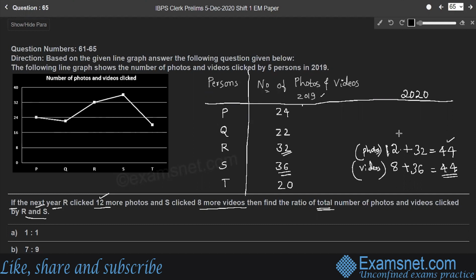Because in the next part of the question, it is asked to find the ratio of total number of photos and videos together, right? Therefore, no need to take photos and videos separately here. We need the total number of photos and videos. After taking those numbers, we have to find the ratio.